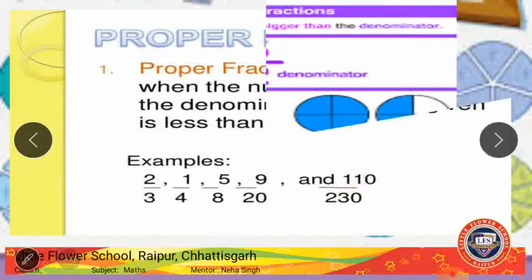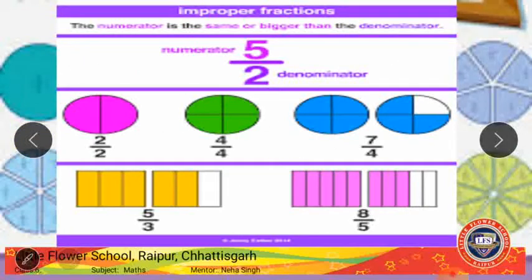Coming to the second type of fraction, that is improper fraction, which is opposite to proper fraction. In proper fraction, numerator was less than the denominator, right? In improper fraction, denominator will be less than the numerator.